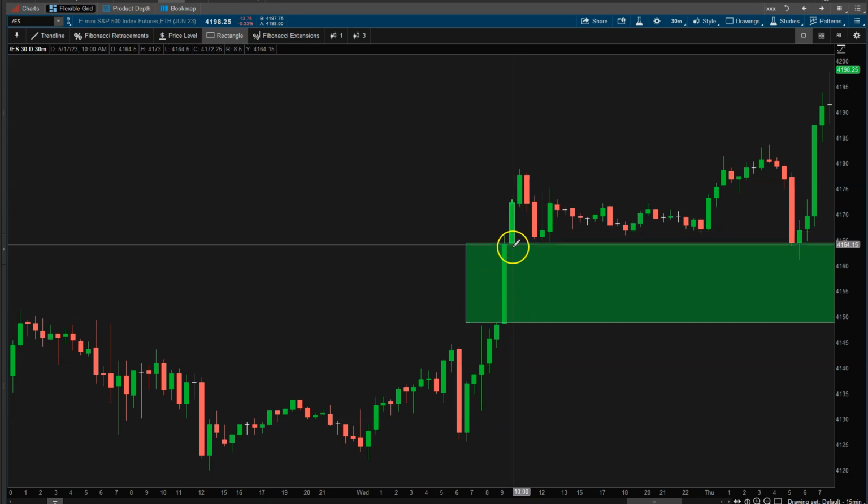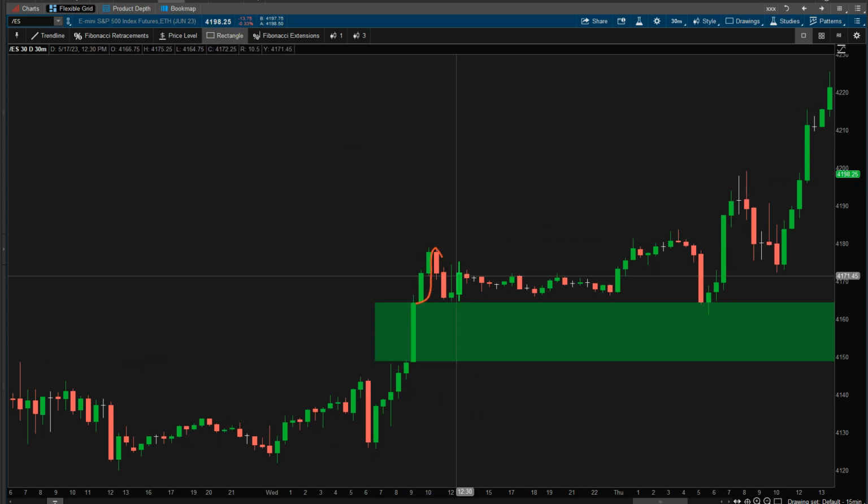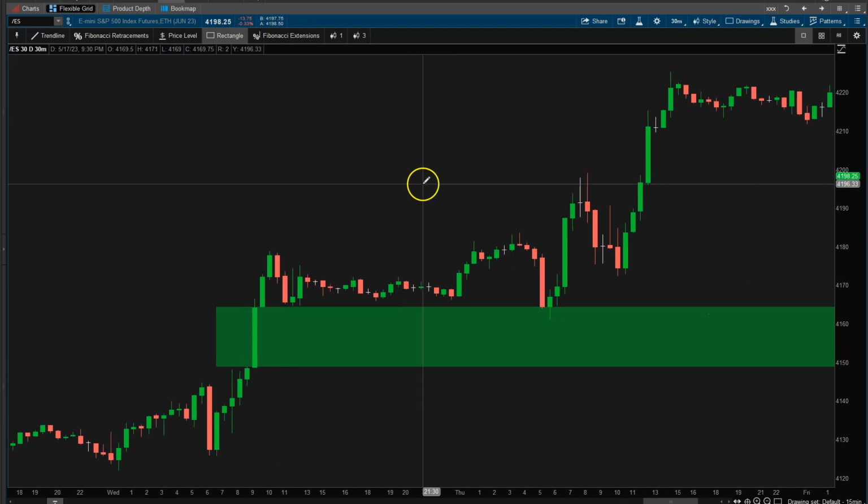From the low of the third candle to the high of the first one right here is what becomes our fair value gap, and as you could see, price comes back down, and look at that. Perfect bounce, right? It comes back down a little bit and then reverses back up. So that's essentially what the fair value gap is. Now, I'm going to show you a couple ways to look to trade this.